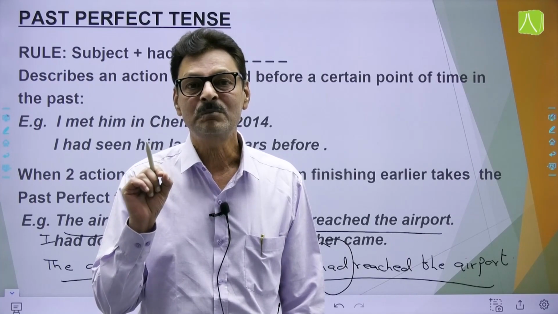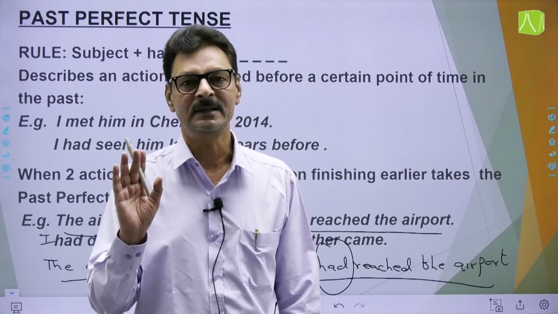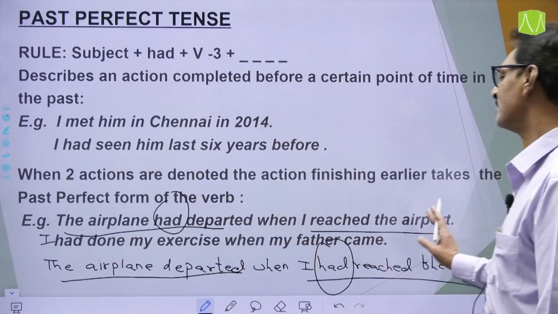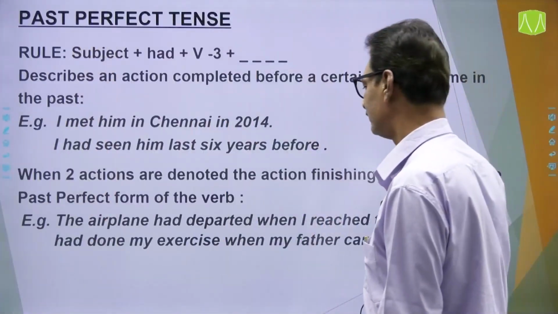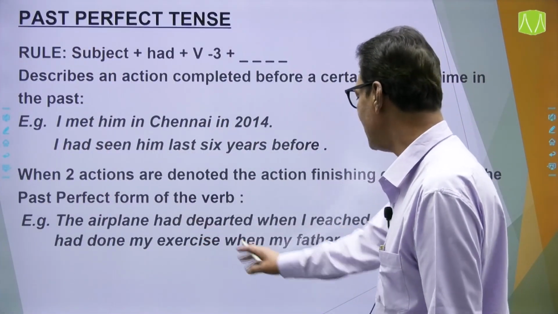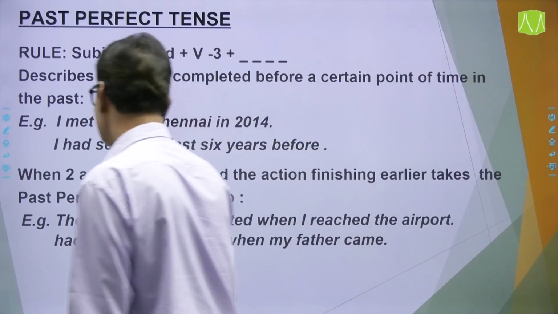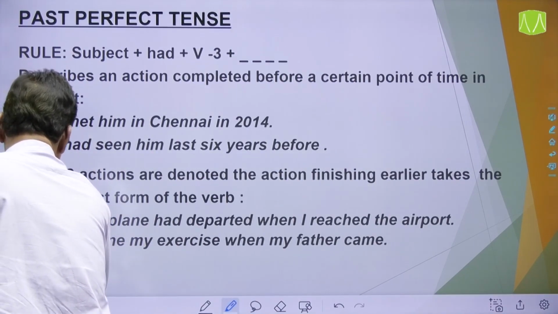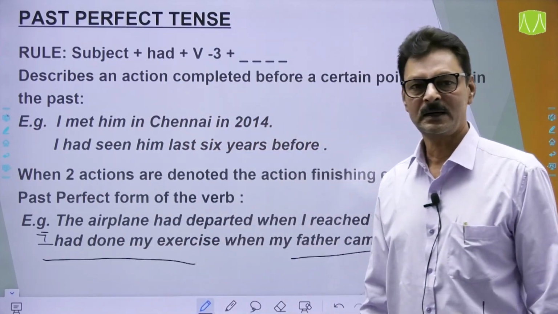So this is the importance of this past perfect tense. Be very careful when you use this for two actions. Yes, so for example, I had done my exercise when my father came. So again, two actions going on. Doing of the exercise, father ka आना.